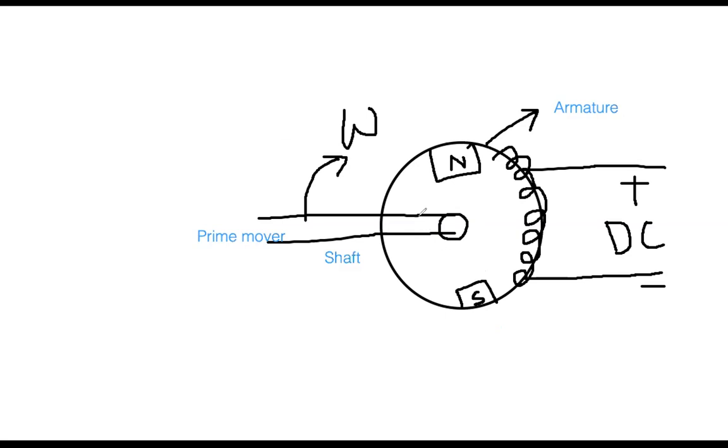And then you can make another body here to which the north pole and south pole are mounted, and you just rotate the north pole and south pole, but don't move the coils. Still voltage will build up on the coils. But in case of DC generator, the whole tradition is not to move the magnetic field, just move the coil. This means the armature body. So everybody, could you follow me?